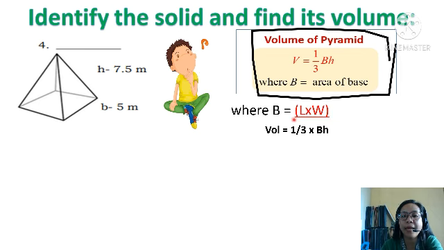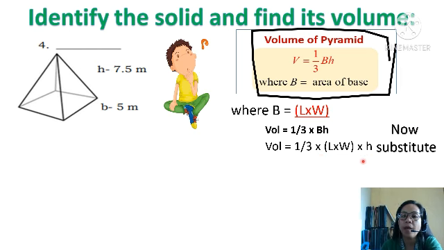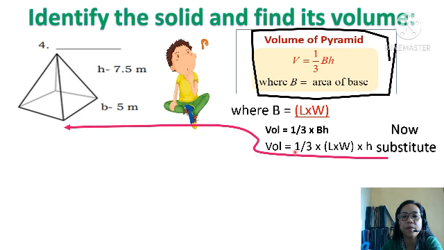Now, let's substitute. You have there, volume of pyramid is equals to 1/3 times length times width times height. Okay? So, substitute now the letters with the given data of the pyramid, the base and the height. So, ganito yun. Okay?